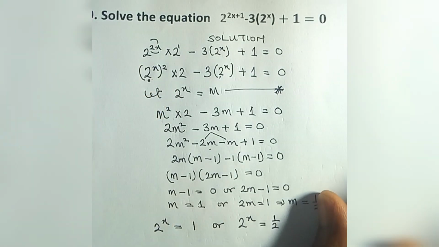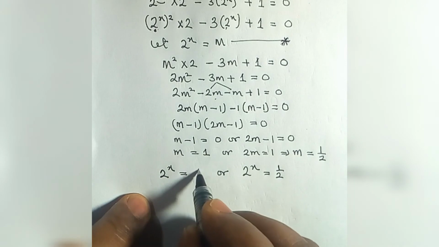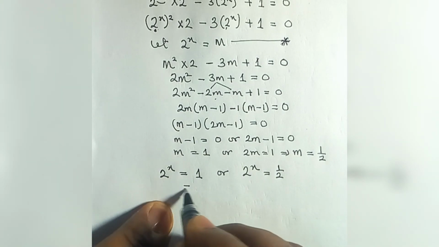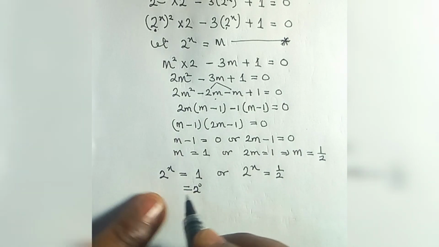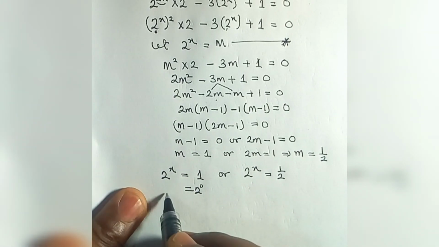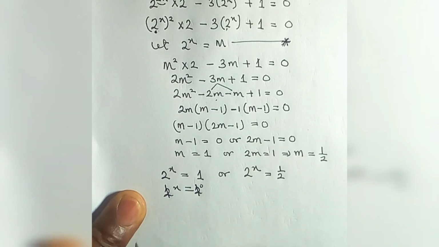Now for the fact that I have 1 here means that I'm having 2 raised to the power of 0 here. Why am I using 2? I'm using 2 because I have 2 here. So this is 2 power x. These two bases will cancel each other. Therefore, the first value of x is equal to 0.